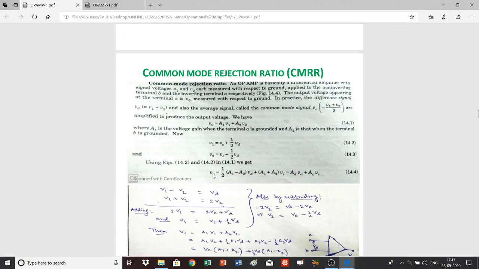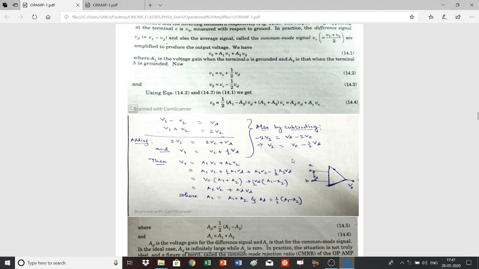Now come to another important topic, which is called the common mode rejection ratio, or CMRR. You know that an ideal op-amp is perfectly balanced. That means if you apply equal voltages to these two terminals, then the output will be 0. But in practical case, the output voltage does not become 0 when the two voltages applied to these two terminals are equal or grounded.